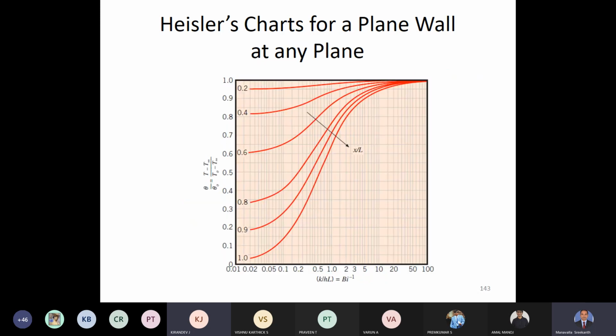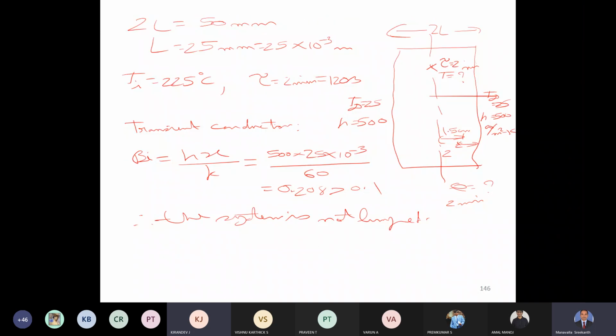First, we'll have to calculate the Fourier number. Remember, Fourier number is a non-dimensional time, so time will come into the picture. It is alpha tau by L square, where L here is x, so alpha tau by x square.